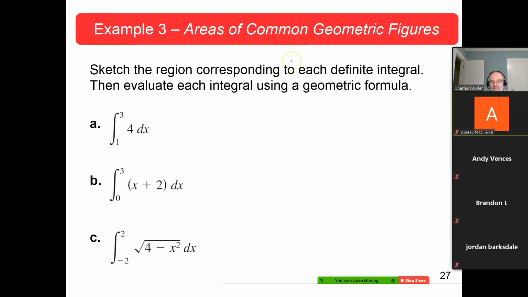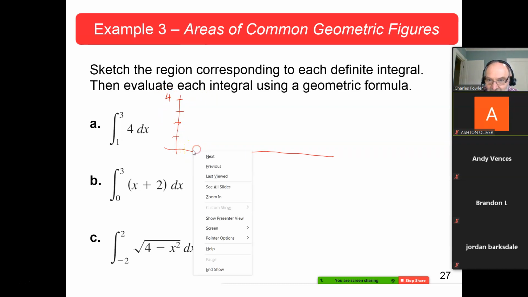Okay, so when it says sketch, folks, this is going to be a sketch. Alright, here's the vertical axis, here's the horizontal axis. The line f of x equal 4, that's a constant. Okay, let's say 4's up here, 2's there, 1's there, 3's there. So here's 4 up here. The integral from 1 to 3.